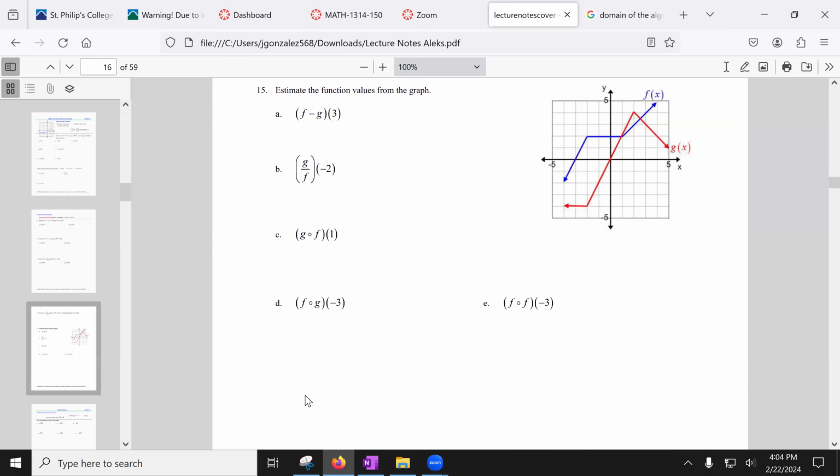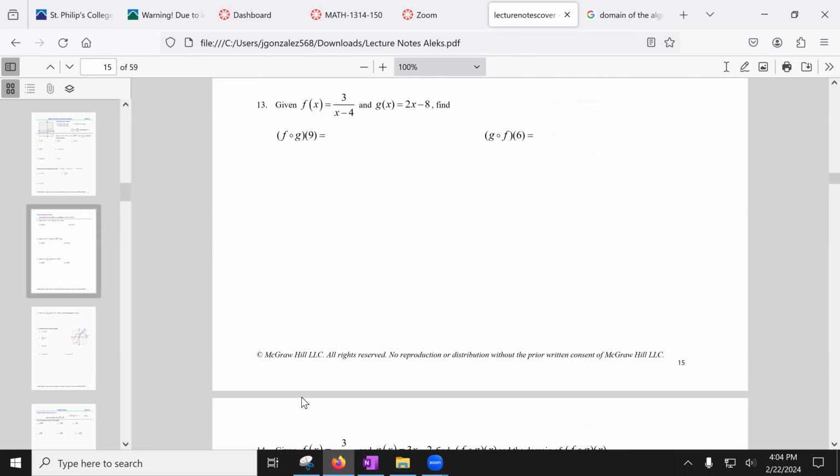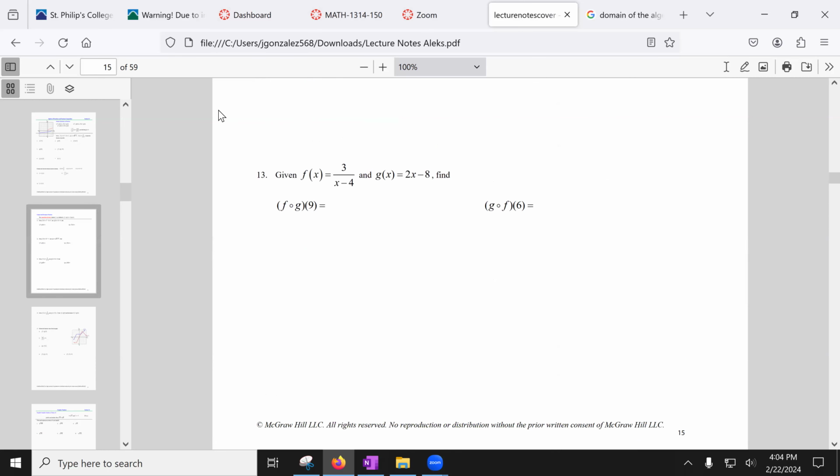Let's do it visually. Do 13 and then we'll go to the graph. And yeah, maybe that's about it.